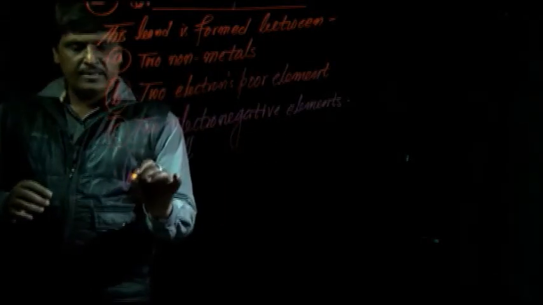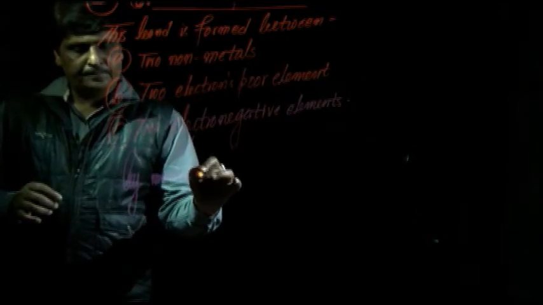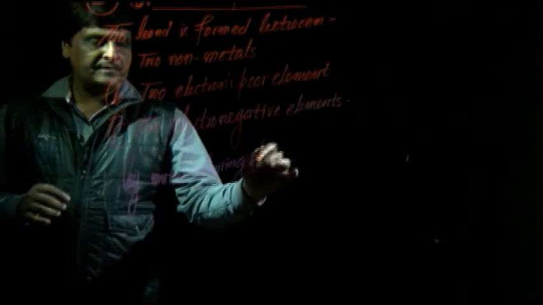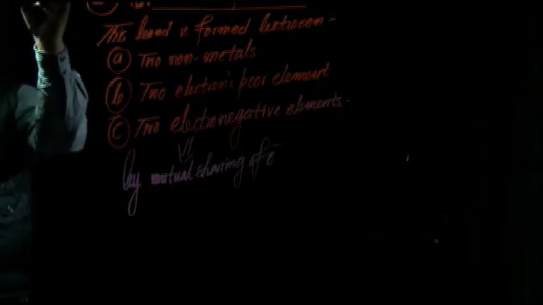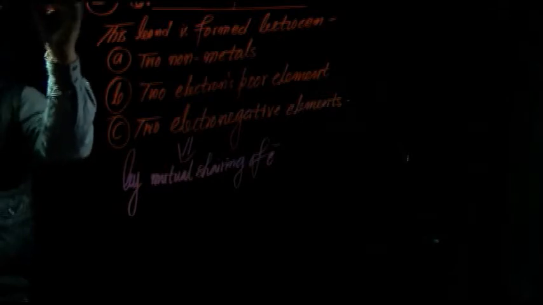Therefore, by mutual sharing of electrons. Here is the example: chlorine, atomic number 17, configuration 2, 8, 7. There are 7 valence electrons.